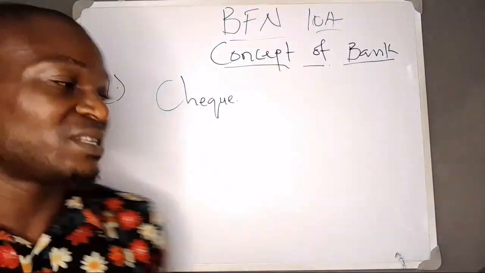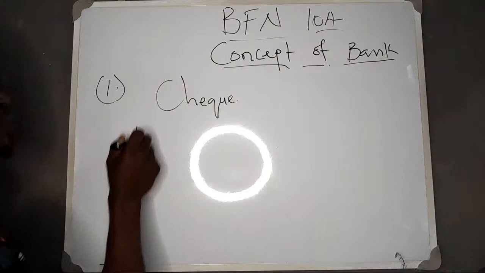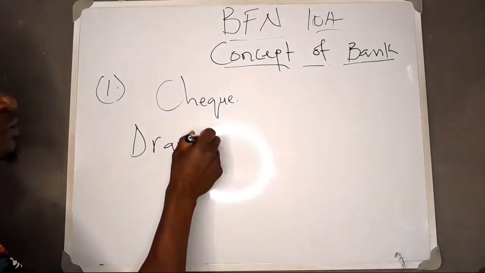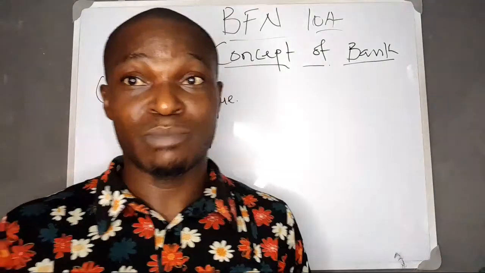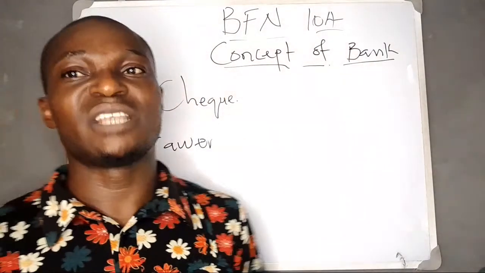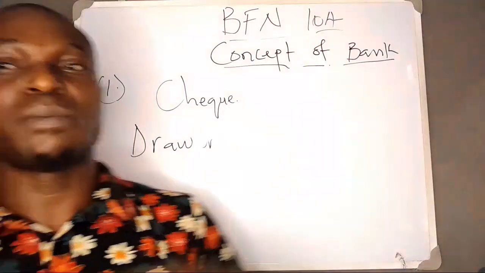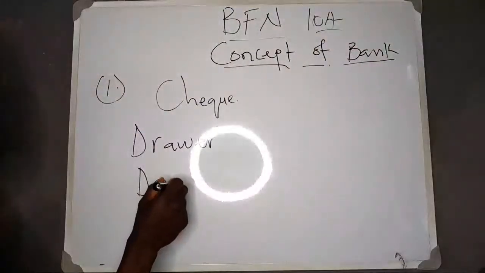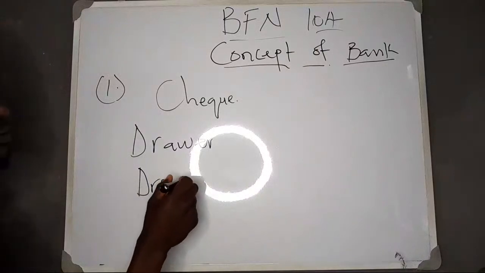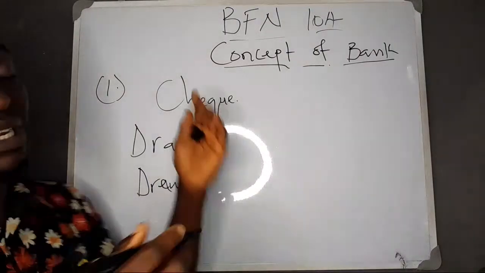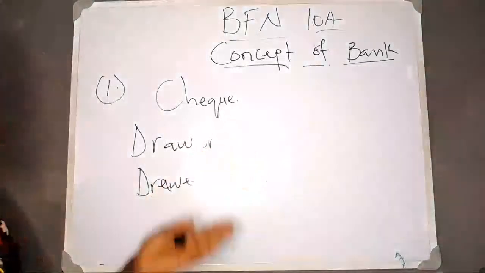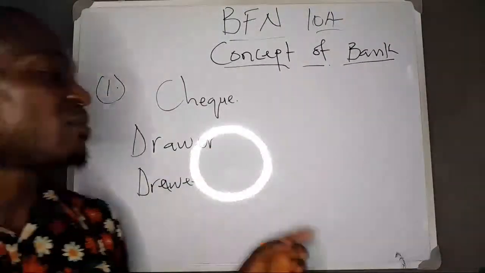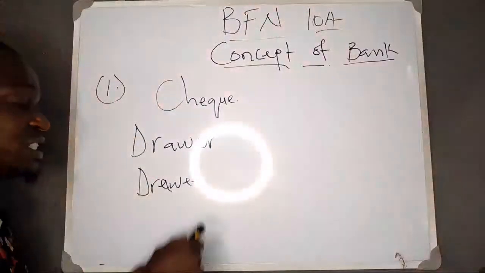So this person that is drawing the check is referred to as the drawer. He has an account in the bank. His money is in the bank. So he's the drawer, and he's the one now specifying the bank, which is the drawee. As explained in our bill of exchange, specifying the bank, which is the drawee, to pay a particular sum of money to the bearer, which is the payee.